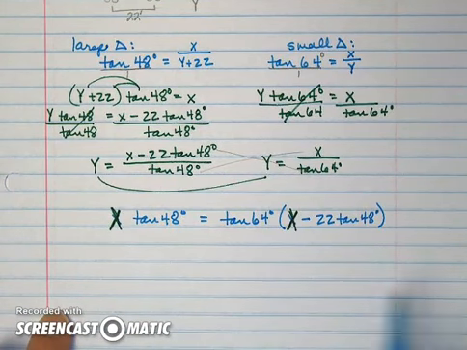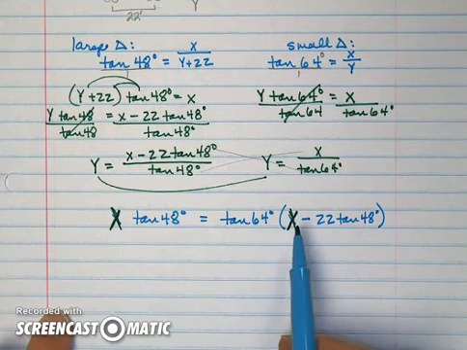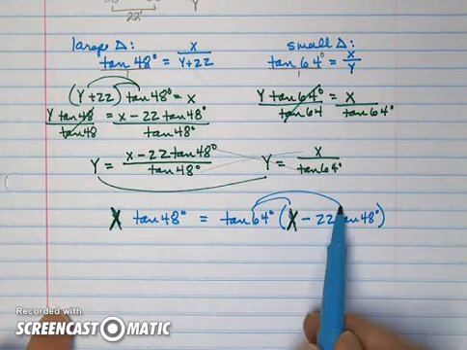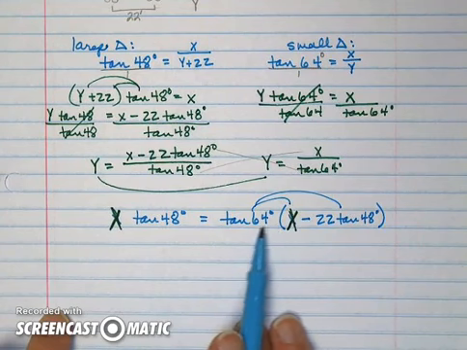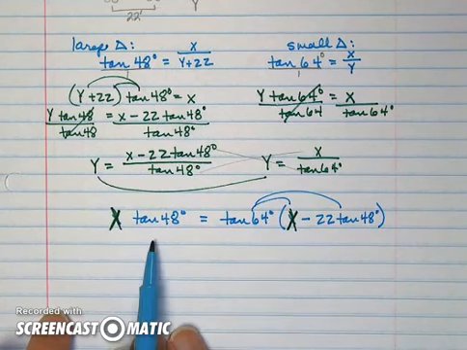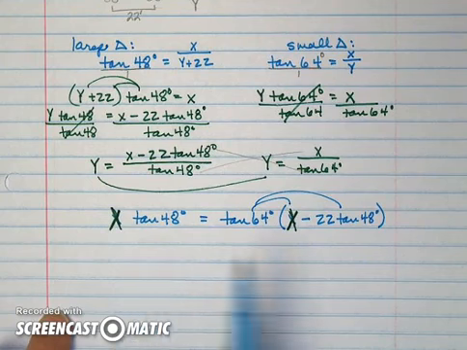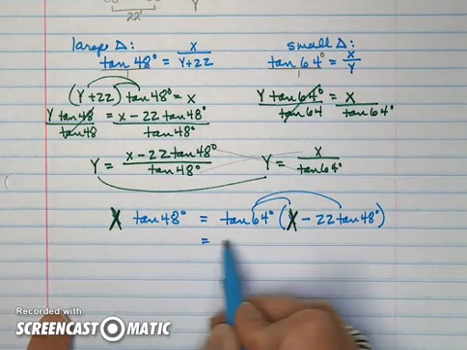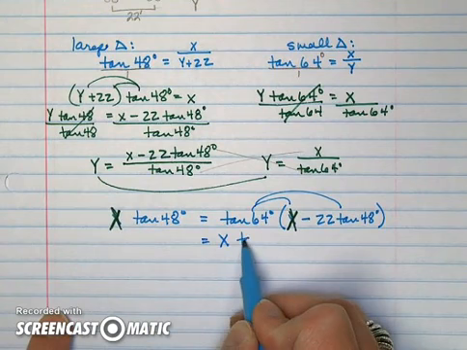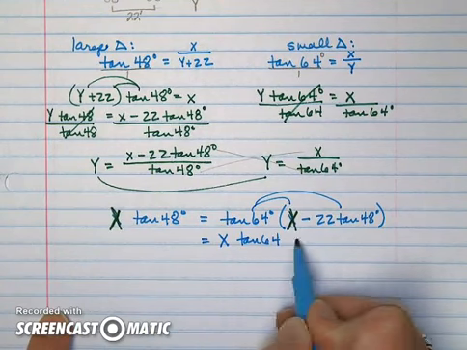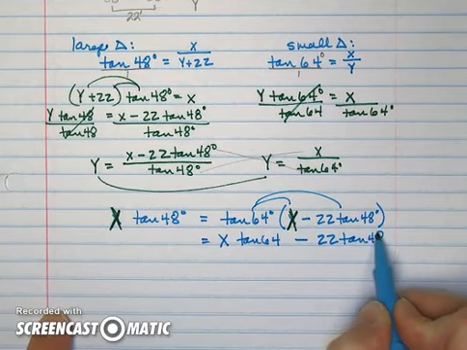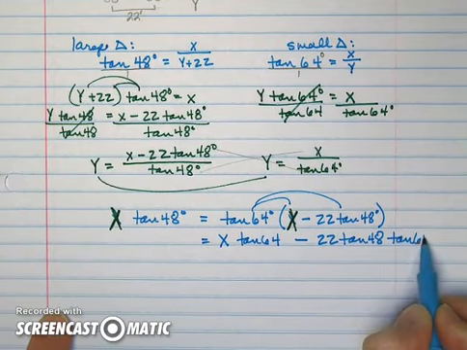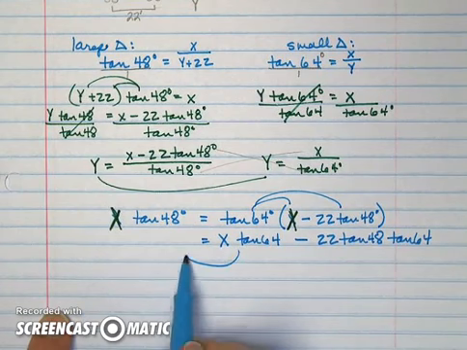So here I'm going to need to distribute that tangent of 64, and then I'm going to move that tangent 64x over to the left. So that would give me x times tangent of 64 minus the 22 tangent of 48 times tangent of 64. Now I'm going to move this over here.